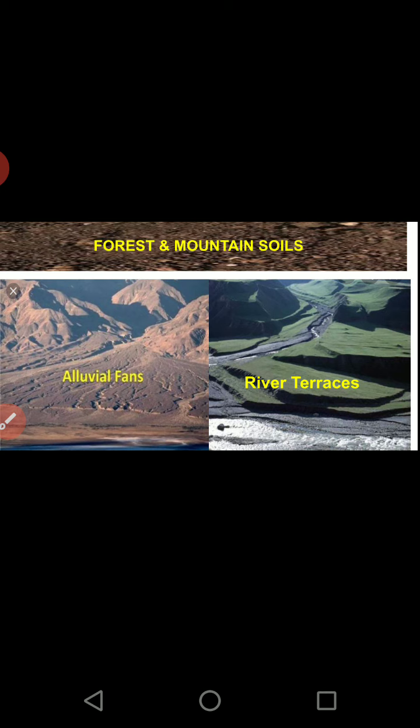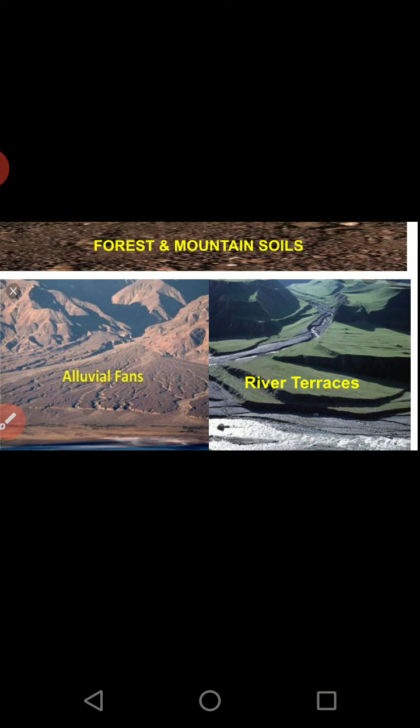Now forest and mountain soil is mainly the soil found in the Himalayan region. The Himalayan region is mountainous, and it is also forested. So the soils found there are called forest and mountain soil.